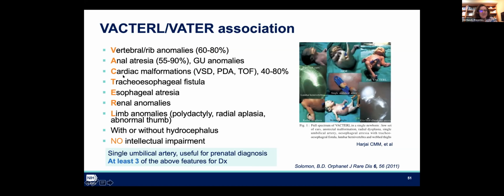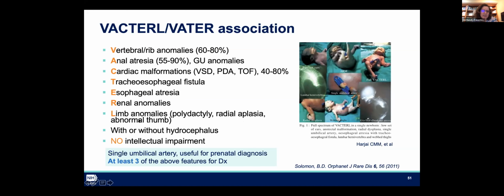So more to hear from the experts, but just for now, as a review, VACTERL causes vertebral and rib anomalies, anal atresia, so imperforate anus, anorectal malformations, cardiac malformations, tracheoesophageal fistula, esophageal atresia, renal anomalies, and limb anomalies.